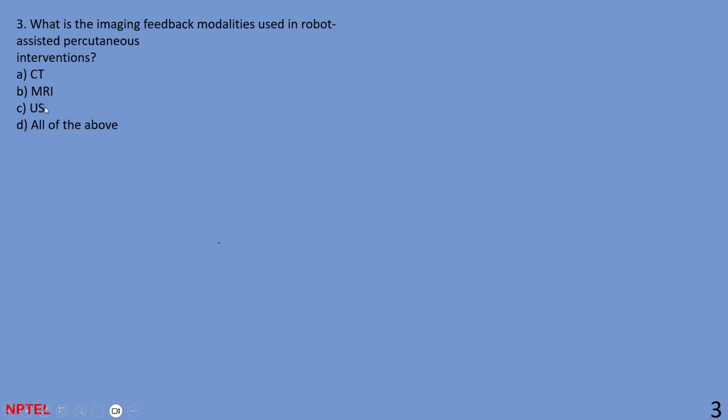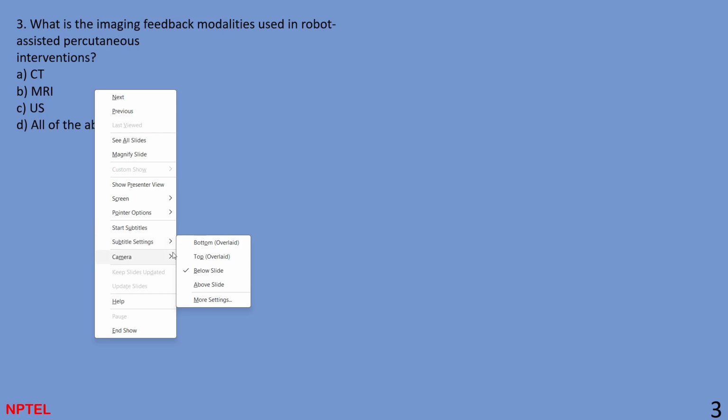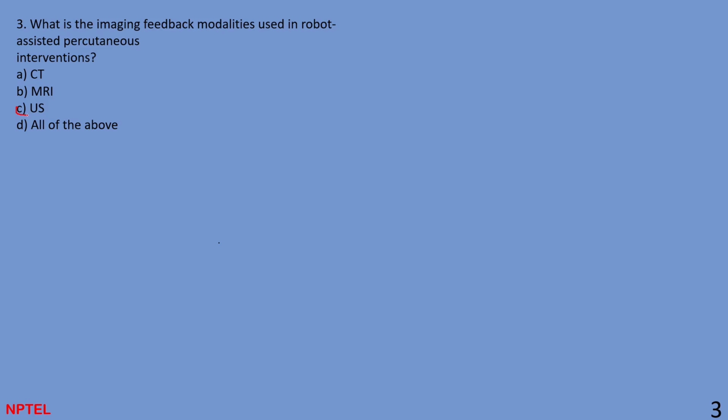If you look at the literature review slide, the first slide, you will see most of them are using something called ultrasound. And it's a feedback based technique, because that feedback technique needs to run in real time. So here the answer will be C, because it needs to run in real time.